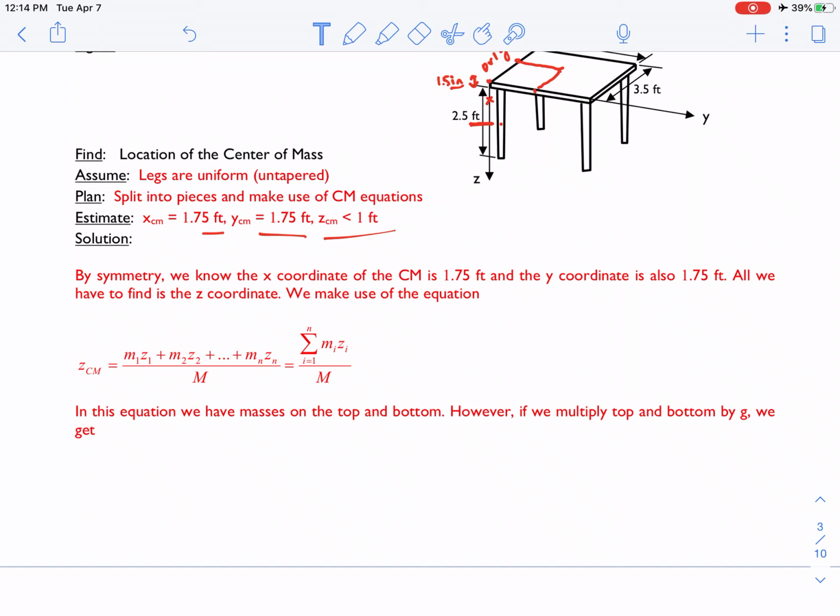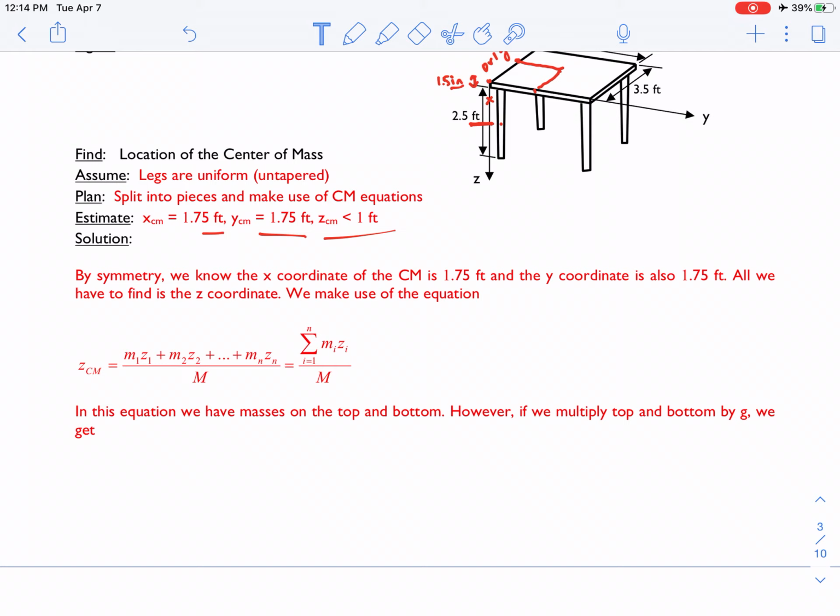So by symmetry, we know that the x coordinate of the center of mass is 1.75 and y is also 1.75, because it's easy to solve, so we don't really need to show the work for those. And all we need to find is the z center of mass point from the origin. So again, we don't need an integral, we are just using summation.